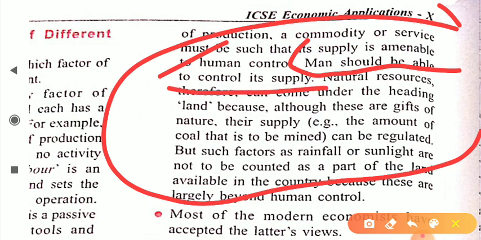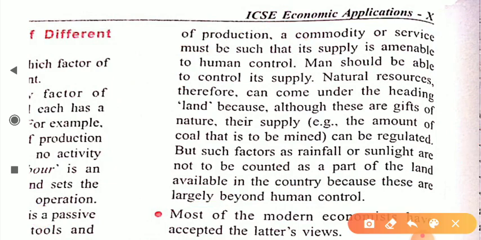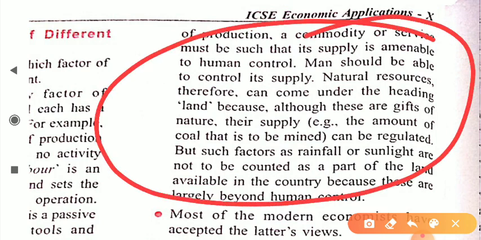So natural resources can come under the heading land, because although these are gifts of nature, their supply can be controlled, for example, the amount of coal that is to be mined. You are all familiar with this concept: coal, petroleum, we receive these goods from nature without paying any cost.